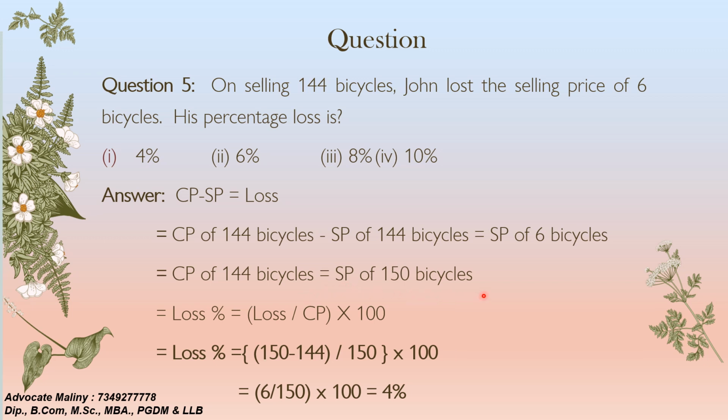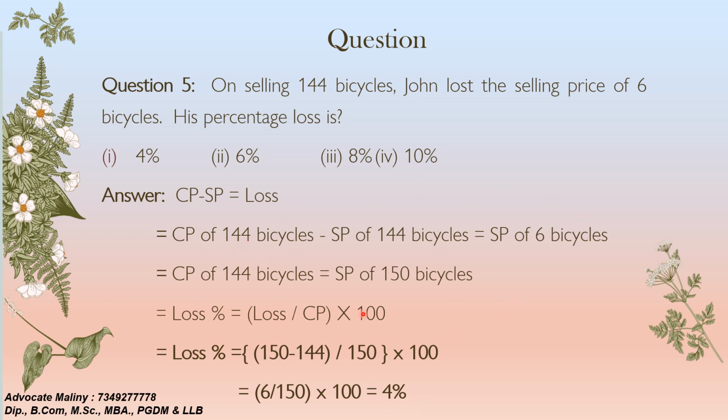which is CP of 144 bicycles is equal to SP of 150 bicycles. Then loss percentage is equal to loss divided by CP into 100. This is the loss percentage formula. So loss percentage is equal to loss, which is 150 minus 144, divided by CP, which is 150, into 100, which is 6 divided by 150 into 100, which is equal to 4%.